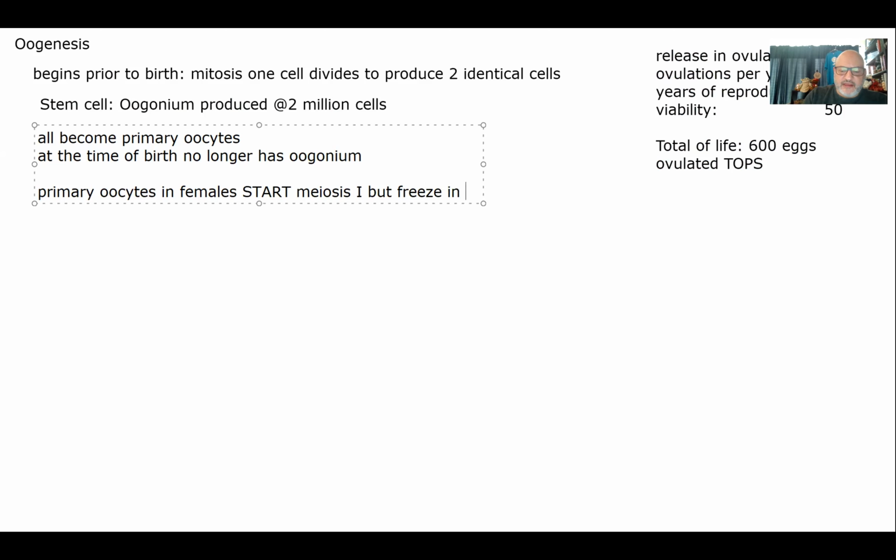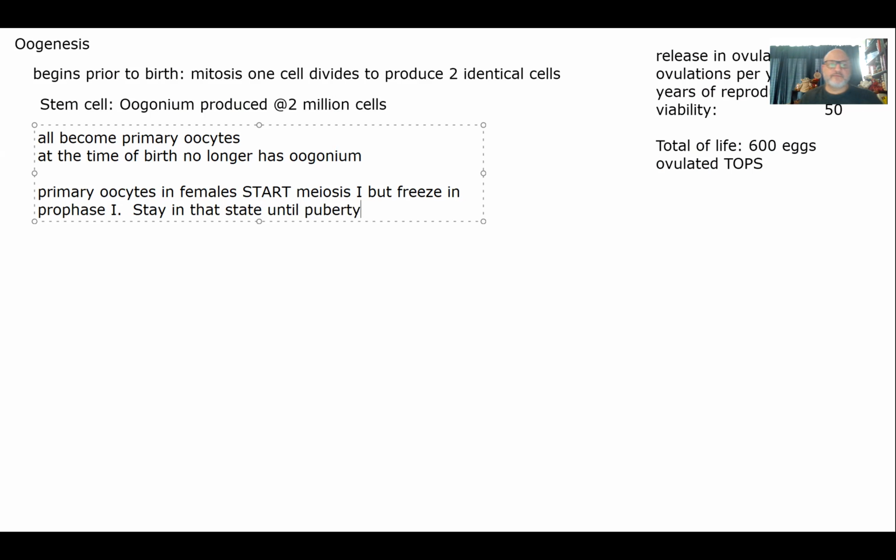They freeze in basically prophase 1. And they stay in that state until puberty. So this process starts in utero, prior to birth, and then it stops. It freezes until puberty.